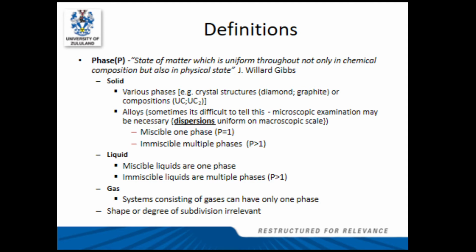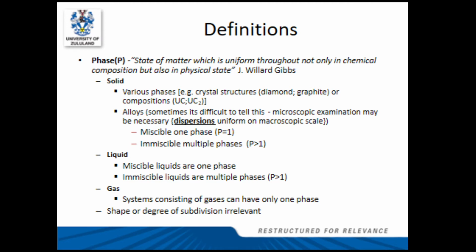For the liquid phase, just like the solid phase, we can have miscible liquids and also immiscible liquids. Miscible liquids are those liquids where we can only see one phase. An example is water, P is equal to 1. Immiscible liquids are those where the value of P is greater than 1.